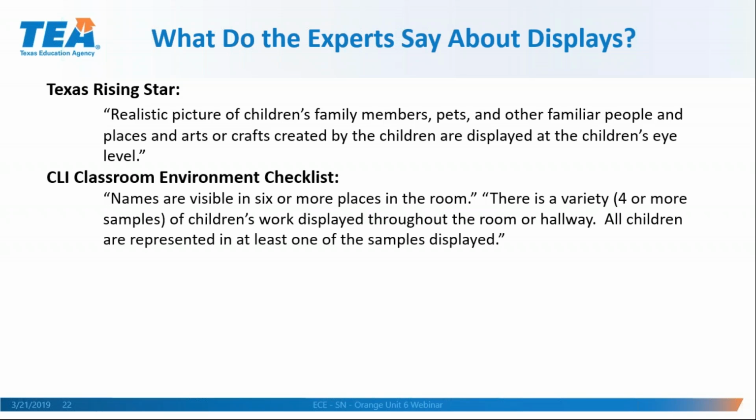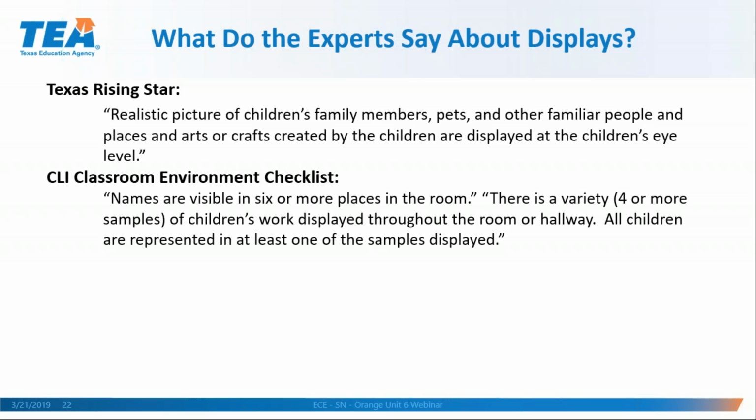This comes from the Children's Learning Institute Classroom Environmental Checklist, the CEC, which I know many of you use. And again, these are quotes. They say names are visible. So the kids' names are visible in 6 or more places in the room. That's interesting.